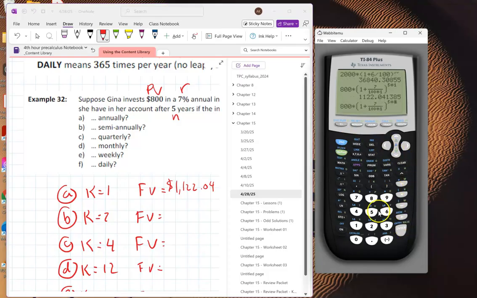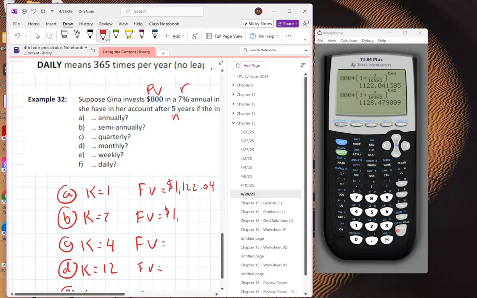So if I do that semi-annually, how much difference do you think that's going to make? Big difference, little difference, no difference? Let's check. $6.50-ish, $6.50. Not a big deal, but it's not nothing.